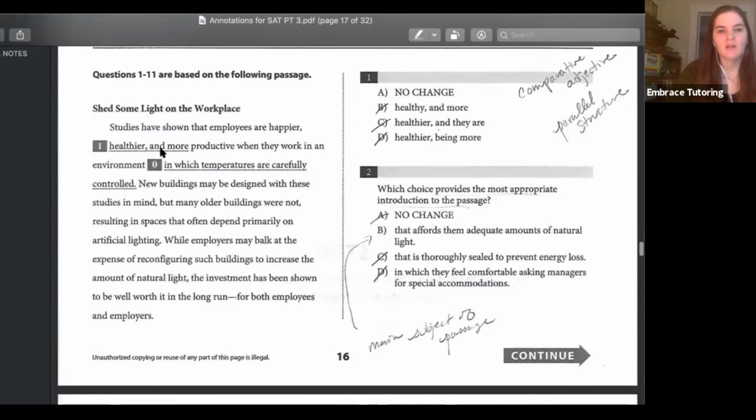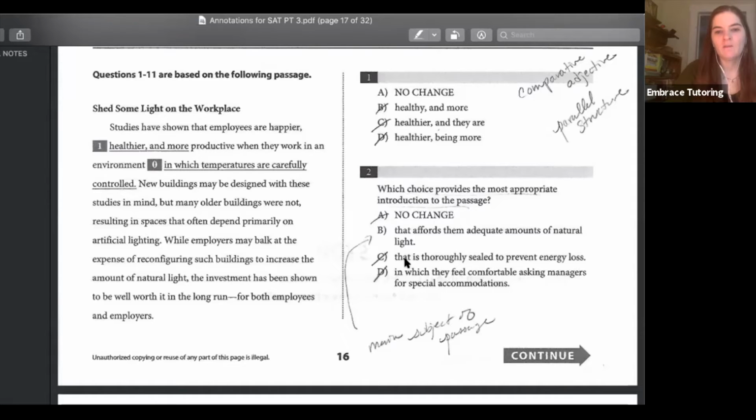But here, studies have shown that employees are happier, healthier, and more productive when they work in an environment that affords them adequate amounts of natural light. Okay, as opposed to in which temperatures are carefully controlled, which is the original here.